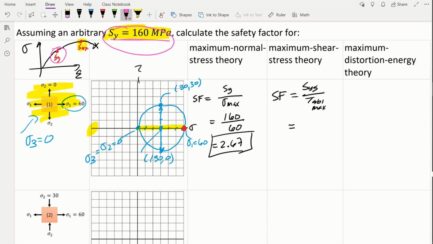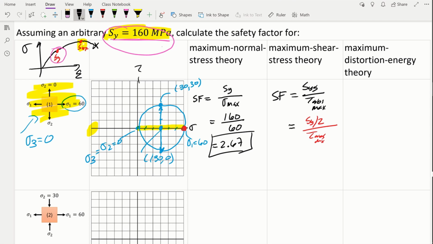Nonetheless, we know that whenever we're not given the value, we can estimate it by taking the yield strength and dividing by 2. So that's what goes up on top, and at the bottom, the absolute max.